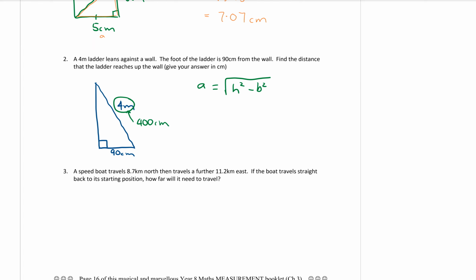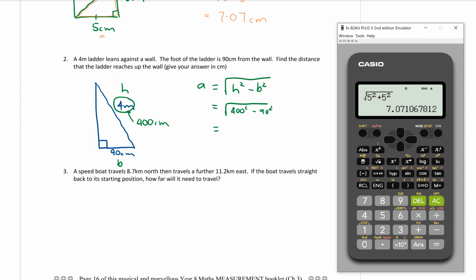So let's put the numbers. That 400 is the H, and the 90 is going to be the B. So let's sub them in. 400 squared minus 90 squared in the calculator.